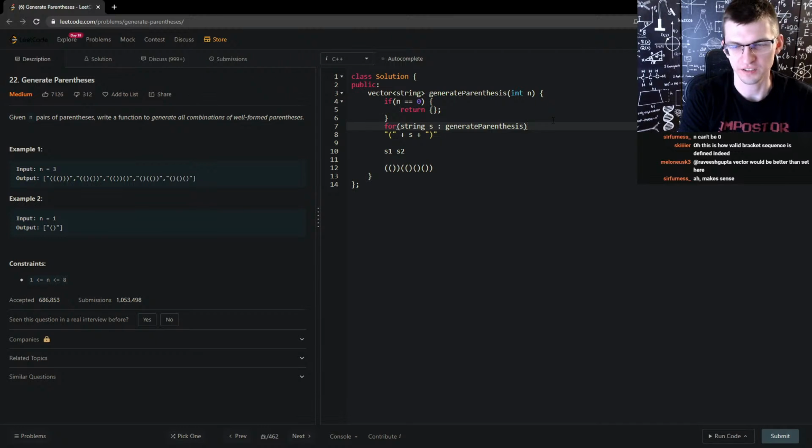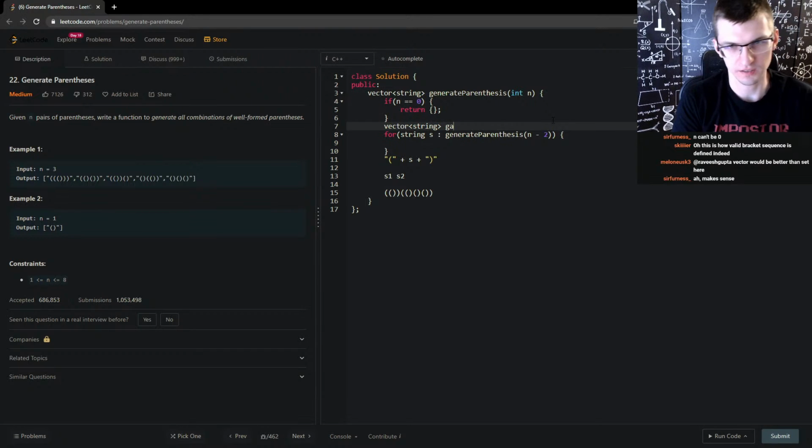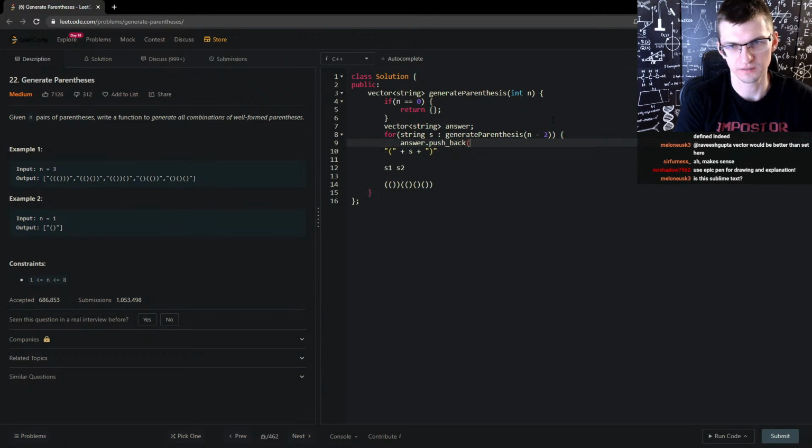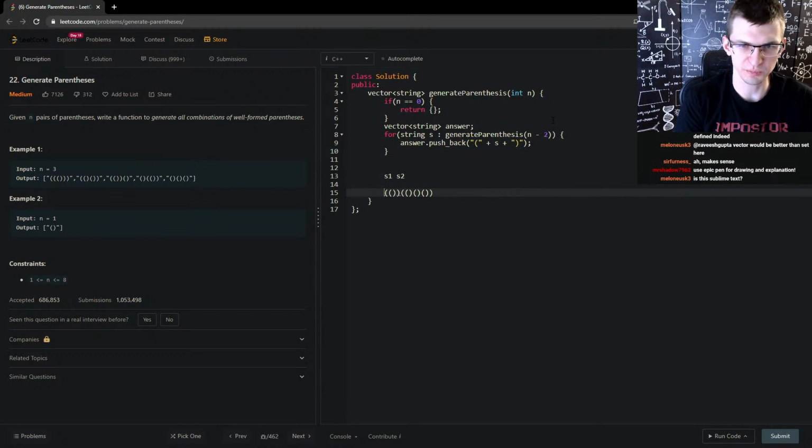For every string in this for n-2, let's gather all, how to call it, answer. I always name things answer. I think it's a bad habit. Answer pushback a string with, well, basically this. And also consider this split into one string and then another string.